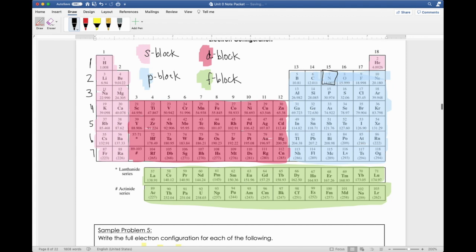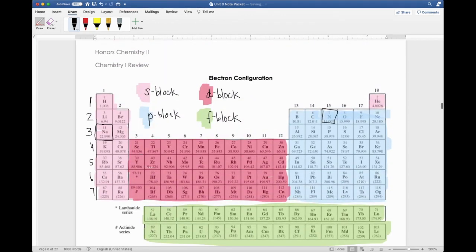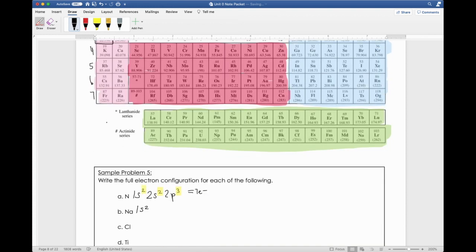So sodium is right here, atomic number of 11. Because we want to write the full electron configuration, let's start from the beginning. So I'm going to start off with 1s2. I still have to pass through this section right here, so this is 2s2.